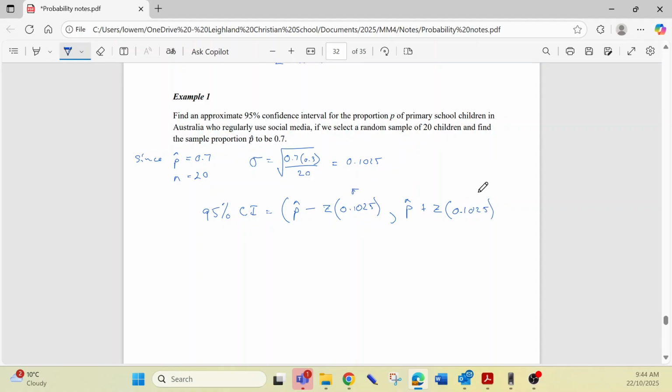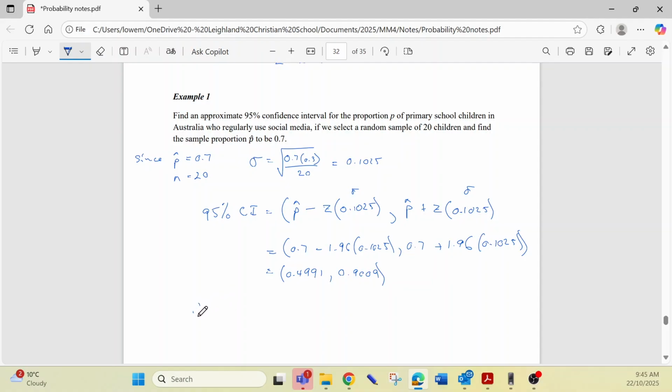That is our sigma, the standard deviation. So it's 0.7 minus 1.96 times 0.1025, which works out to be 0.4991 and 0.9009.